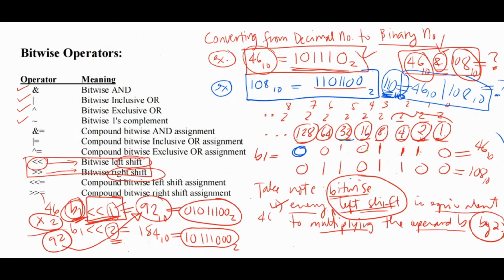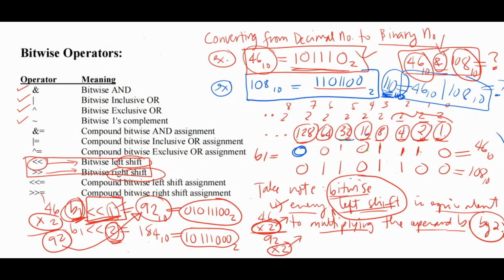So 46 times 2, that's the result of the first left shift, which is 92, right? And then since we are shifting it twice, you multiply it again by 2. So this is the first left shift. This times 2 here is the second left shift. The first times 2 is for the first left shift. The second times 2 is for the second left shift.